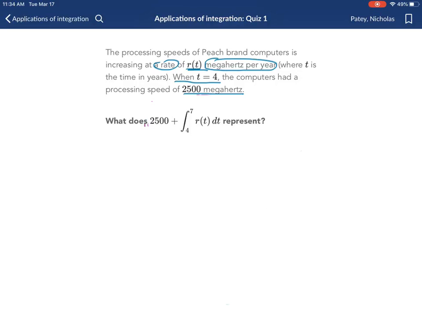So let's use some calculus to see if we can better understand it. If we did the antiderivative of r, we would get capital R. So we would go capital R of t, and we're going to plug in 7 and then 4. So we would go R of 7 minus R of 4. We know R of 4 is 2500 in this scenario. And then we have R of 7.